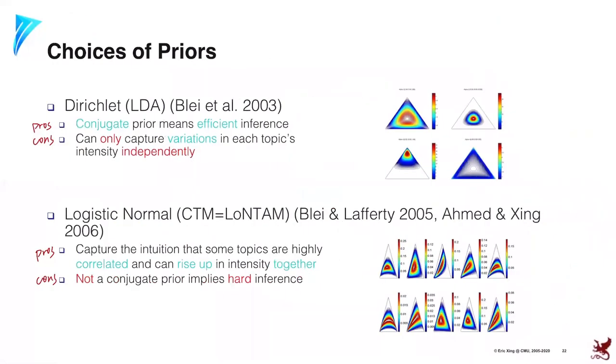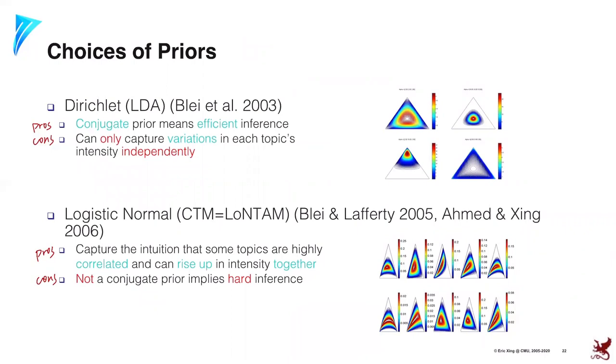Then we should consider the choice of priors. We basically have two different ways for generating this document. One is the LDA, which is the latent Dirichlet allocation. It is using a Dirichlet distribution.